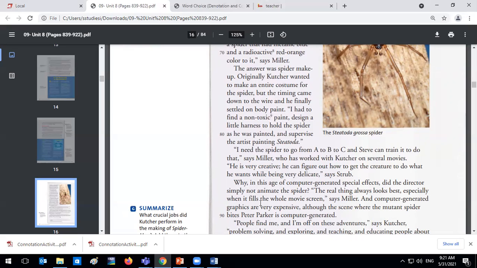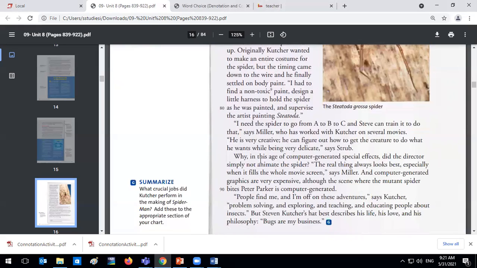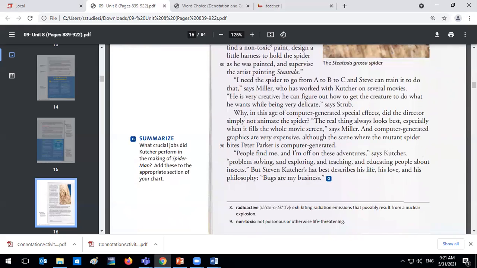This is his job, and this is his passion, because he's at the end of the day working with bugs, and bugs are his passion, as he stated previously. And again, he was able to do that. People find me and I am off on these adventures, says Kutcher, problem solving, exploring, teaching, and educating people about insects.